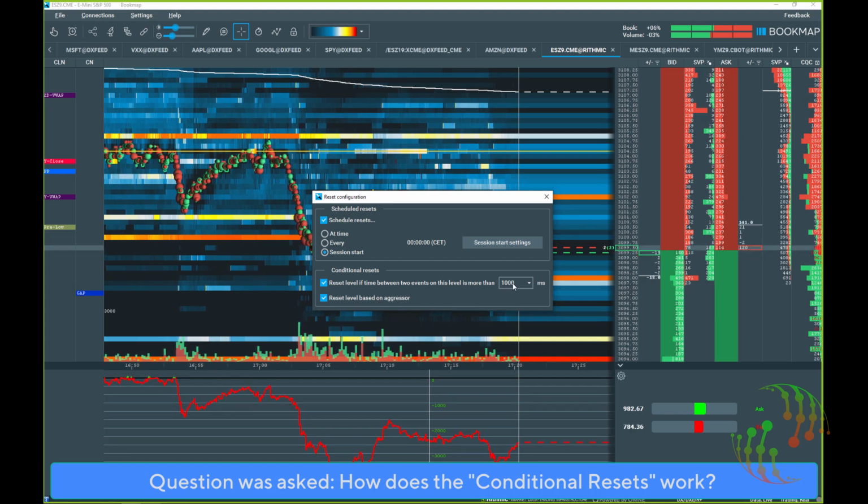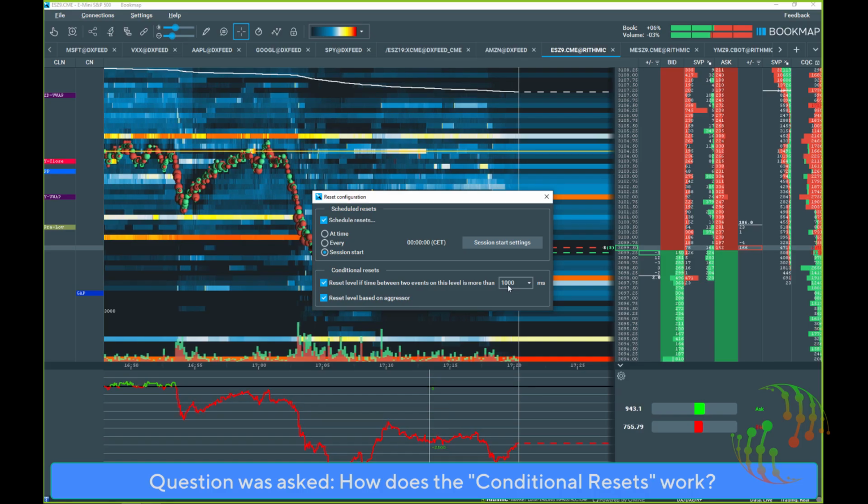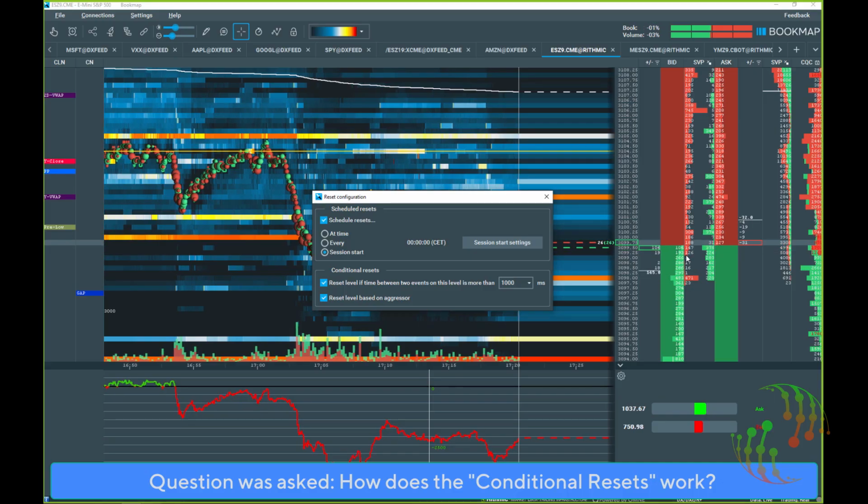That means if more than 1000 milliseconds have passed since the last trade event. So when they are trading, nothing happens. But if there's no trading for 1000 milliseconds on that level, then this becomes true.